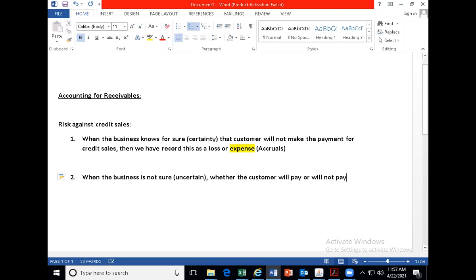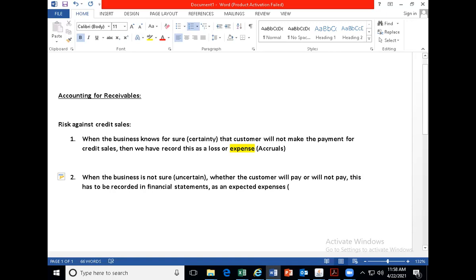So when the business doesn't know for certain whether the customer will pay or not, this has to be recorded in the accounts or financial statements as an expected expense. This hasn't happened, but we will record it as an expense, as it may happen.